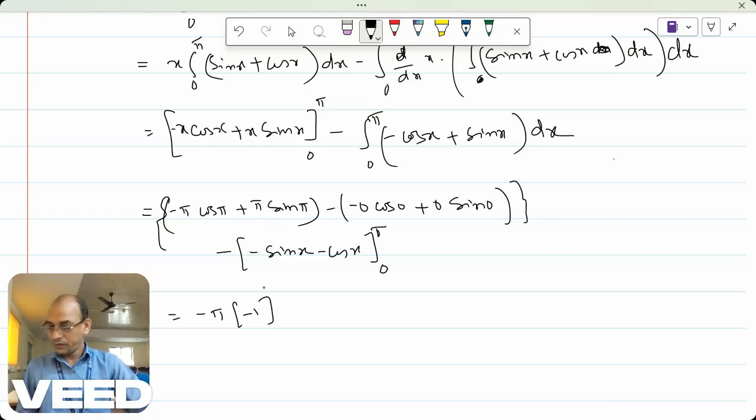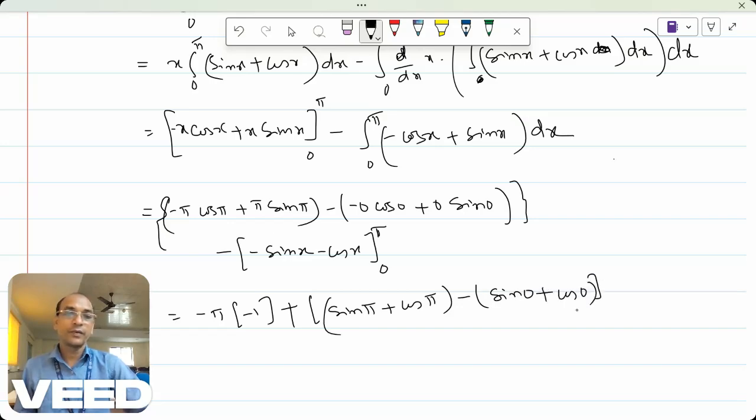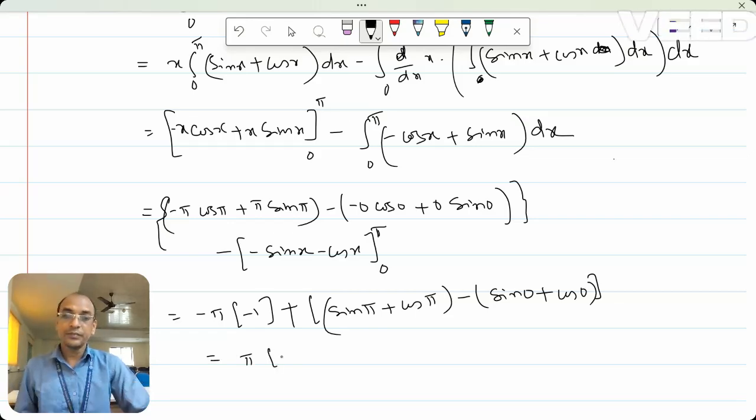Then the next one is sin pi plus cos pi at the upper limit, minus the lower limit, sin 0 plus cos 0. Finally, if you simplify, you will get pi, and cos pi is minus 1, sin 0 is 0, and cos 0 is 1, so minus 1. Finally, you will get pi minus 2.